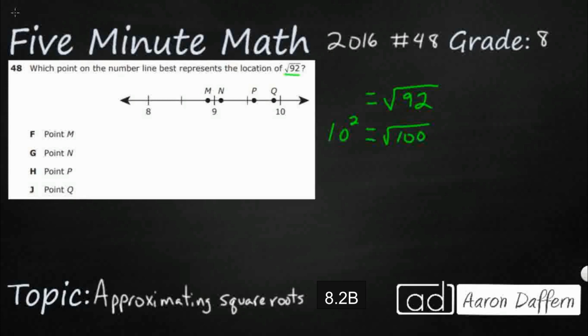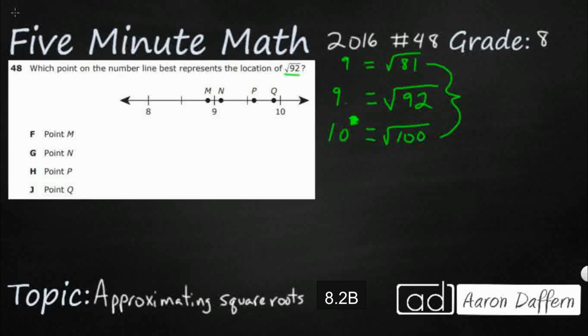And then the next one below it is going to be 81, right? If I square 9, I'm going to get 81, so the square root of 81 is going to be 9. So you see how my 92 is in between those two. So it's 9 point something, right?